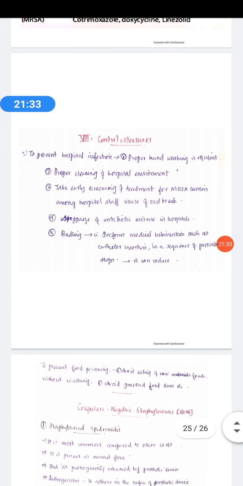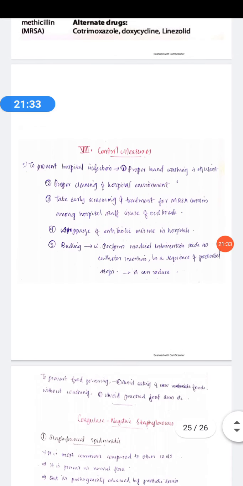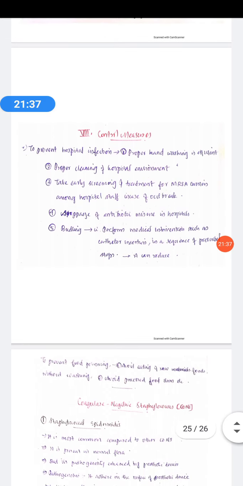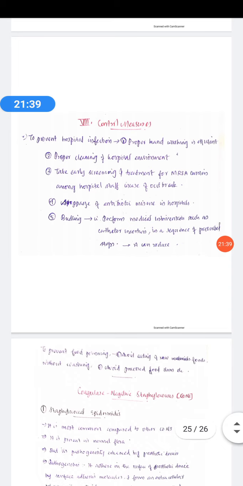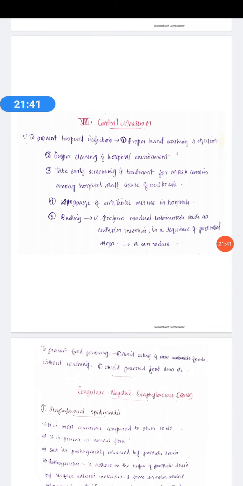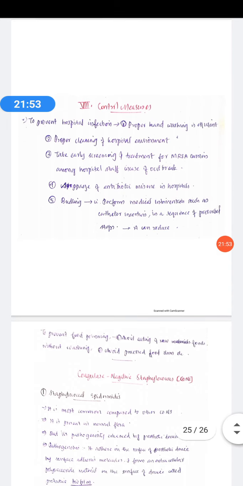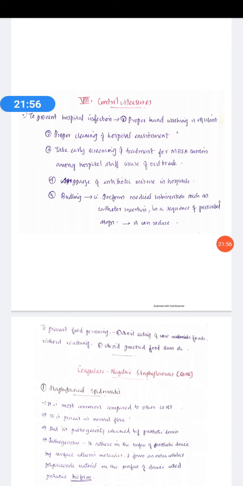Then come to the control measures. To prevent hospital infection, proper hand washing is efficient. Proper cleaning of the hospital environment, early screening and treatment of MRSA carriers among the hospital staff in case of an outbreak of Staph aureus infection.